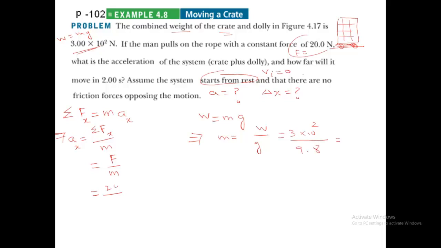You get the mass 30.6 kg. You use this mass over here, 20 over 30.6, and you would get the acceleration in meters per second squared.